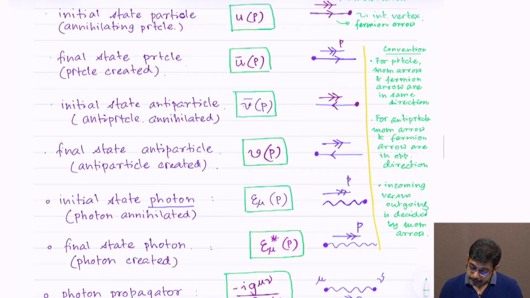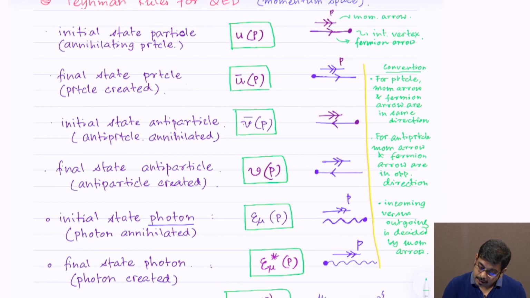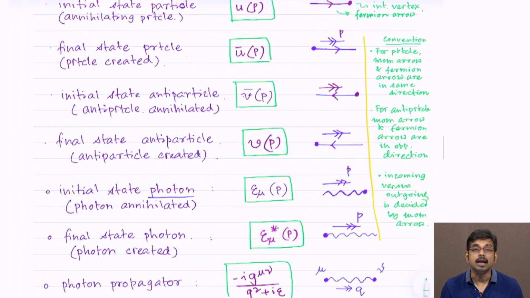Once again, to remind you, the convention is that for the particle, the momentum arrow and the fermion arrows are in the same direction. For the antiparticles, this is in the opposite direction. Remember that the initial state particle is an annihilating particle, the initial state antiparticle is an annihilating antiparticle.